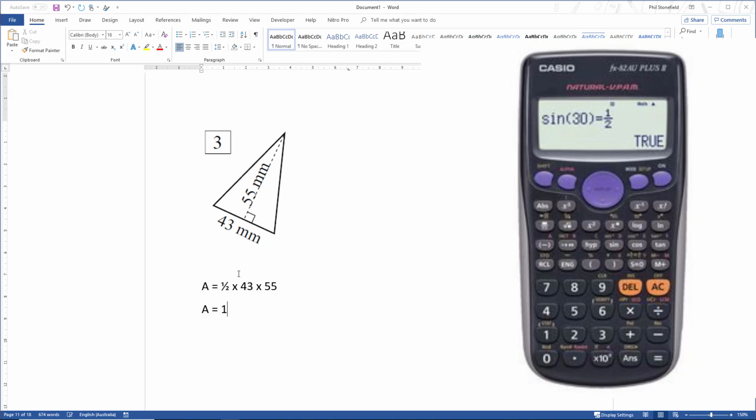So that equals 1,182.5. And we're going to put millimeters squared, like so. So all we're doing is just substituting in the values for the area of a triangle.